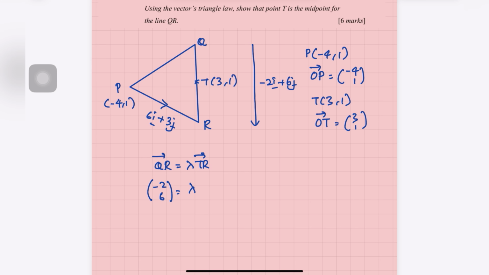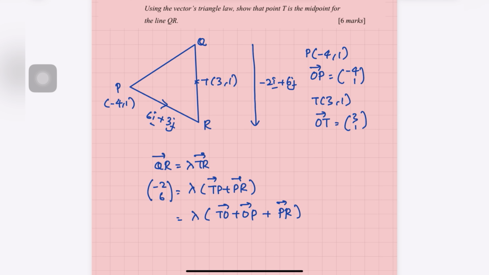Okay, so TR is TP plus PR. Okay, so then TP. Okay, TP is TO plus OP, plus PR kita dah ada kan.